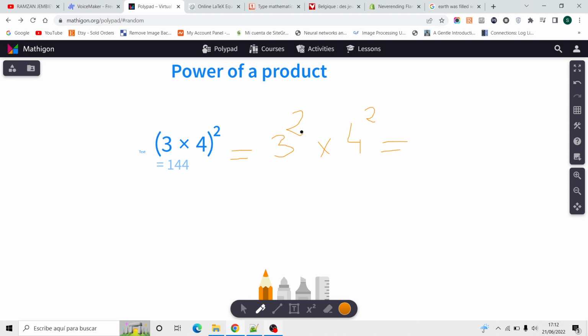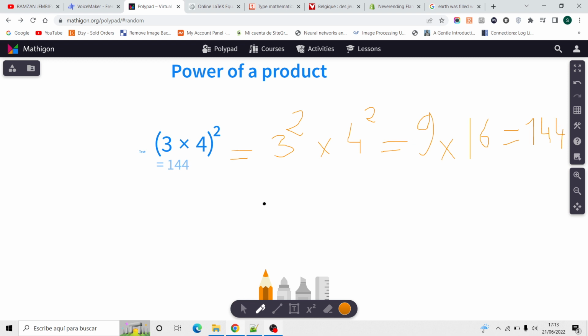3 square equals 9, and 4 square equals 16. Okay. And this equals 144.